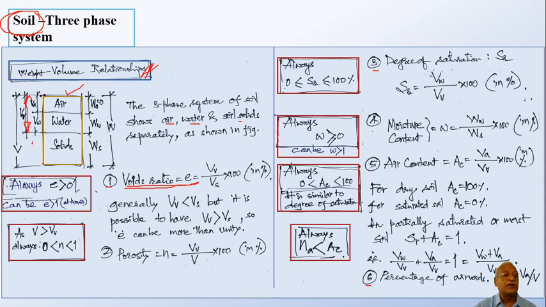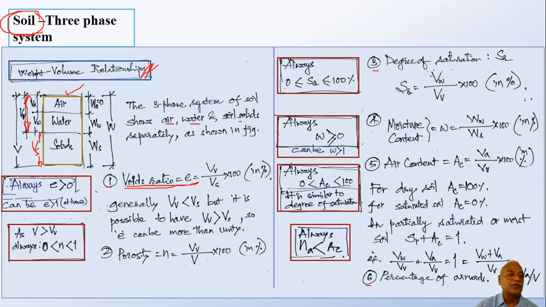Now it is not written, but let me write. So here this is volume of solids only, from this to this edge. Whatever volume is there, that is volume of solids. Now the ratio of volume of voids to volume of solids is known as voids ratio, and it is generally expressed as a decimal or a percentage. There is one important piece of information. Generally, e is greater than 0.